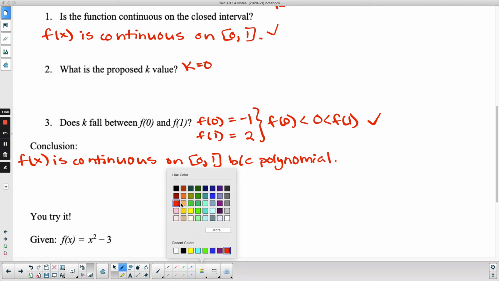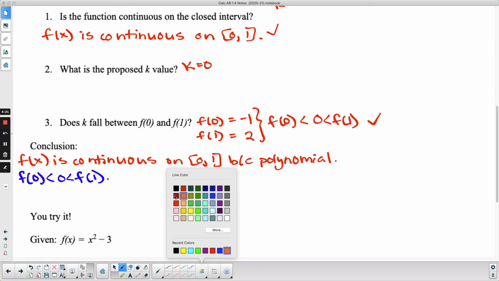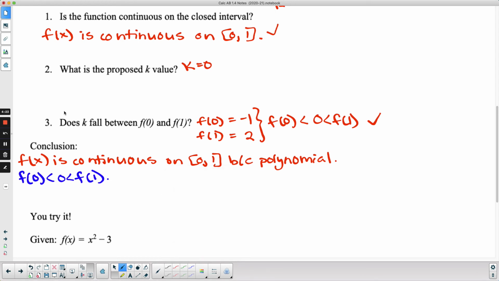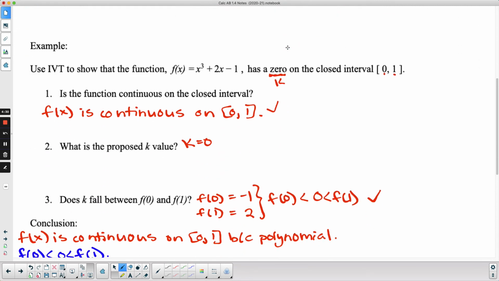All right, next, we need to say that our value of k equals 0 is between f of 0 and f of 1. 0 is between f of 0 and f of 1. And then lastly, our conclusion is basically stating this then statement and filling in the values that we know.